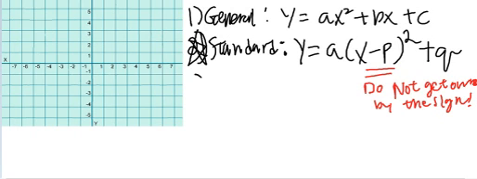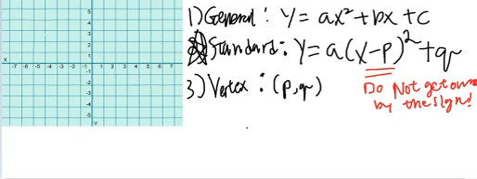The third thing you have to remember: there's a thing called the vertex of the parabola function, and the vertex is going to be the point (p, q).